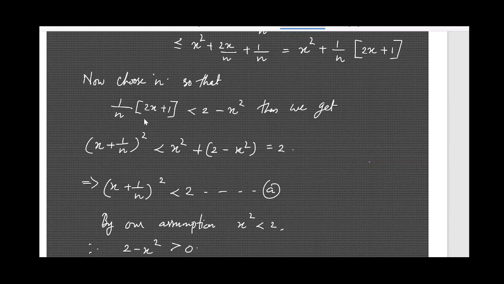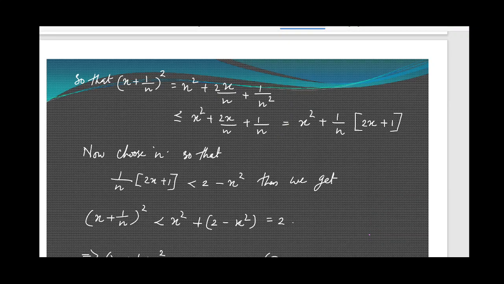So (1/n)(2x+1) is greater than 0, right? See, this value is less than or equal to this plus this. This is always a positive value, right? This is also positive. Therefore, this value should be positive.